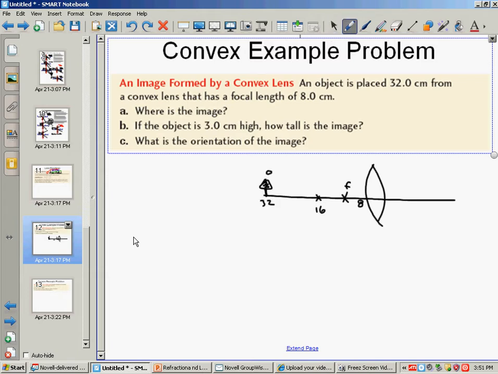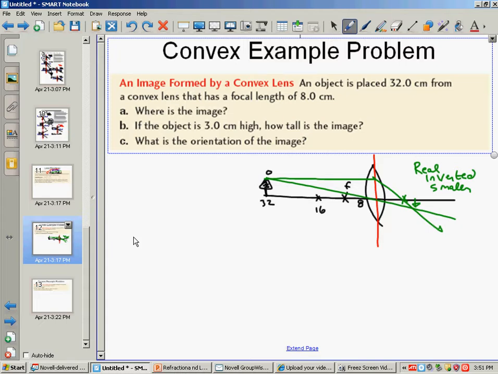So I could get a quick guesstimate as to what I think this is going to look like. Ray 1 comes in here, it goes through the focus. Ray 2 goes through here. So I know that I'm going to get a real image, it's going to be inverted, and I know it's going to be smaller.